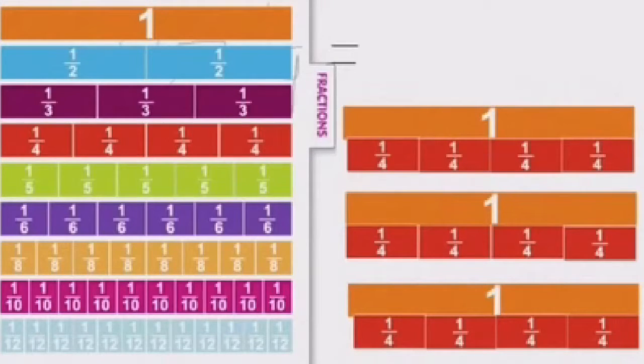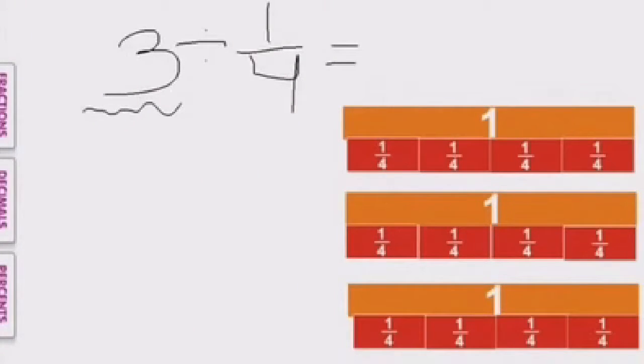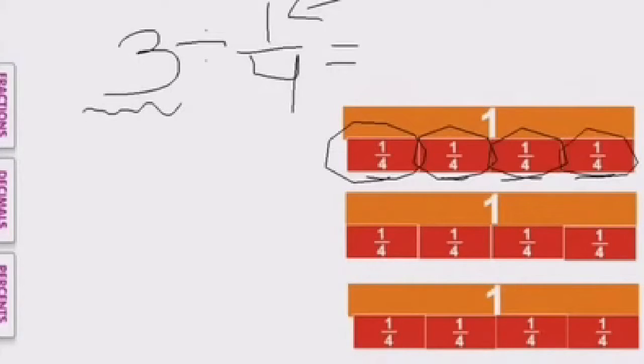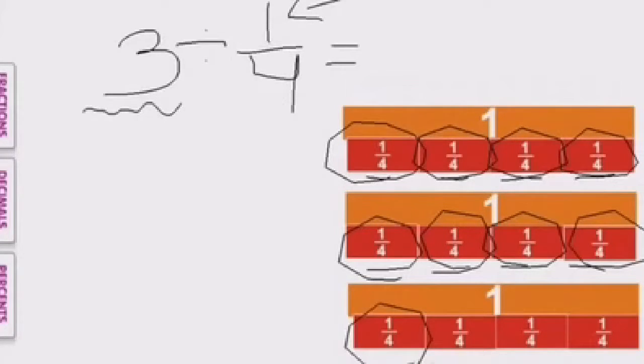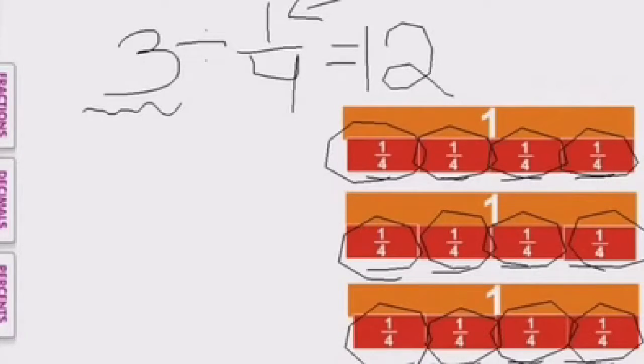Okay, so I've got all my 1/4 groups. Now we're putting them into groups of 1 because our numerator is 1. So I'm just going to be circling each 1/4 piece. And you can see here that we have a total of 1, 2, 3, 4, 5, 6, 7, 8, 9, 10, 11, 12 pieces. So 3 divided by 1/4 is 12.